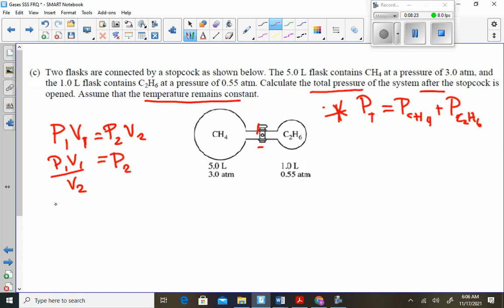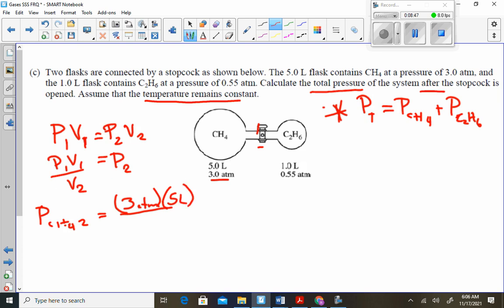We're going to do that for both the CH4, this is the second pressure, and we can put in P1, which was for the CH4 3 atmospheres, and our original volume, which is 5 liters.